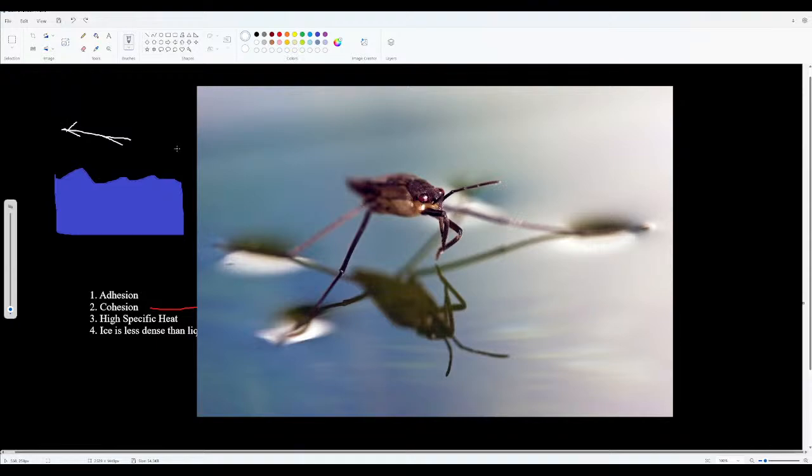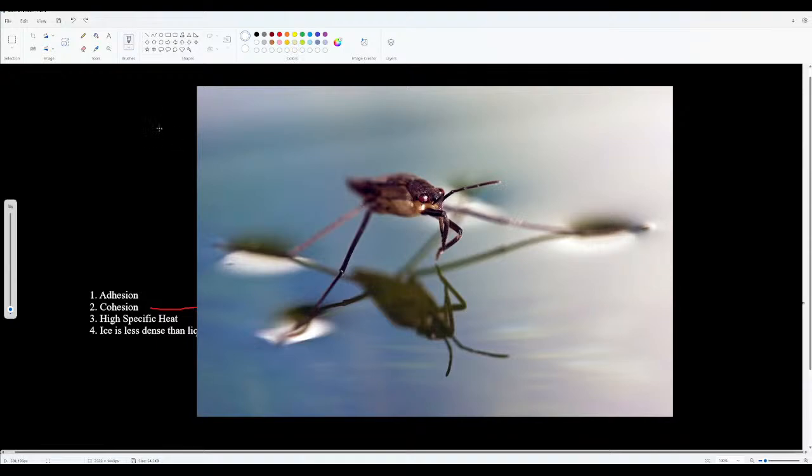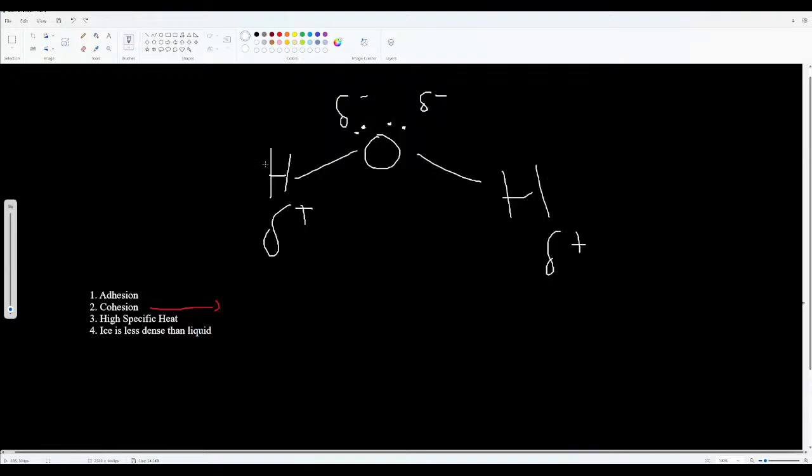Not good. However, stuff like this can happen because of the cohesive properties of water, right? Water just being able to stick to itself, to stick closely to itself, which is surface tension.